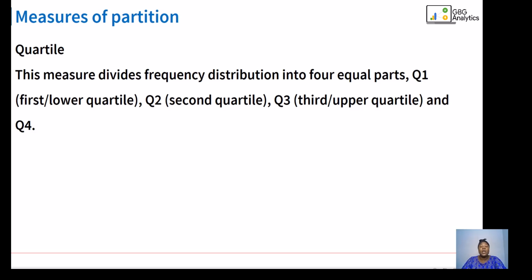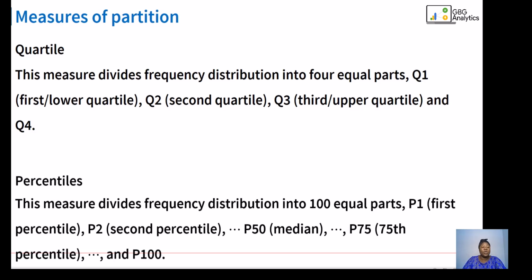That is, we have Q1, Q2, Q3, Q4, where Q1 stands for the first or lowest quartile, Q2 stands for the second quartile, Q3 stands for the third or upper quartile, while Q4 stands for the fourth quartile. The second measure of partition is percentiles, and it divides the frequency distribution into 100 equal parts. P1 stands for the first percentile, P2 for the second percentile, until we get to P100, which is the 100th percentile.